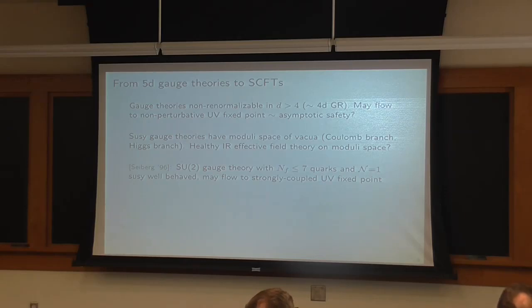Well-behaved means you have a positive definite kinetic term for the gauge field on the entire branch. You want the convex prepotential. It's infrared free, so you want to look at it far below the origin.